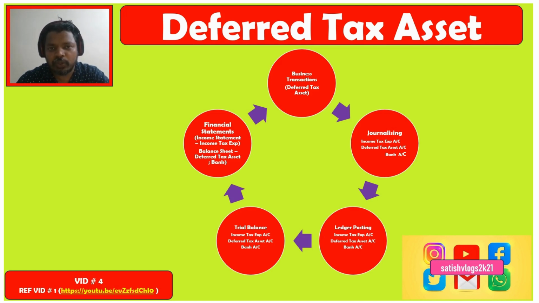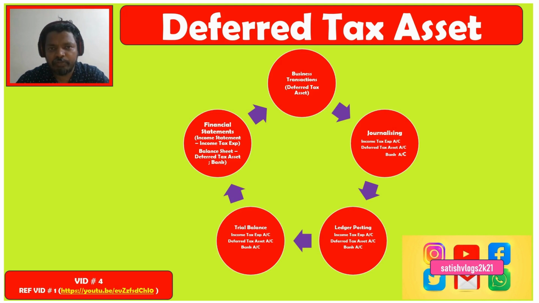Now let's move to the next phase of the accounting cycle, which is the journalizing phase. For the business entity, whatever the tax expense which is being incurred needs to be paid out in terms of bank or cash. So for that reason, I would be crediting the bank account.